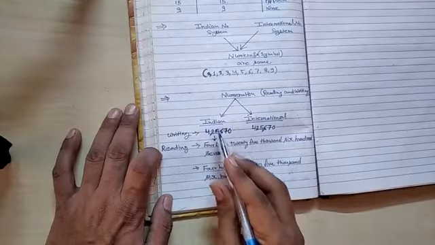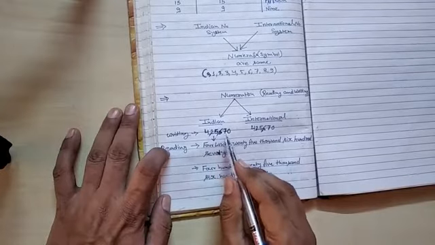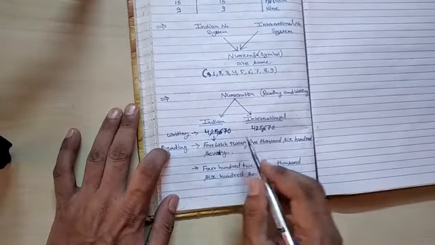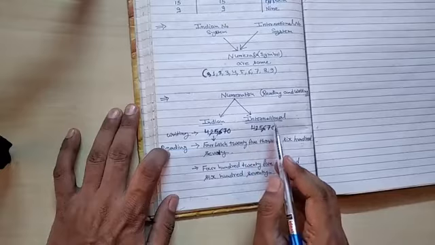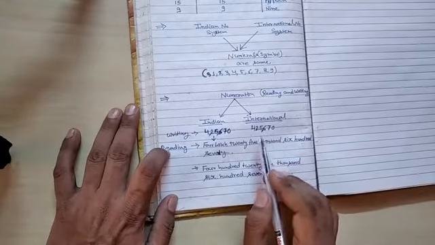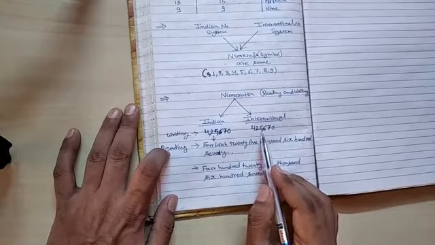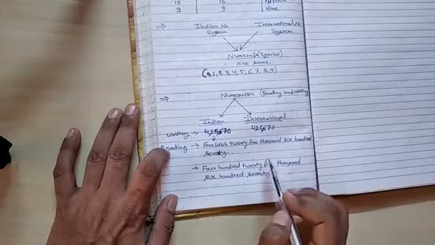Similarly, the way of reading is different. In the Indian number system we will read 4,25,670, and in the international number system we will read 425,670.